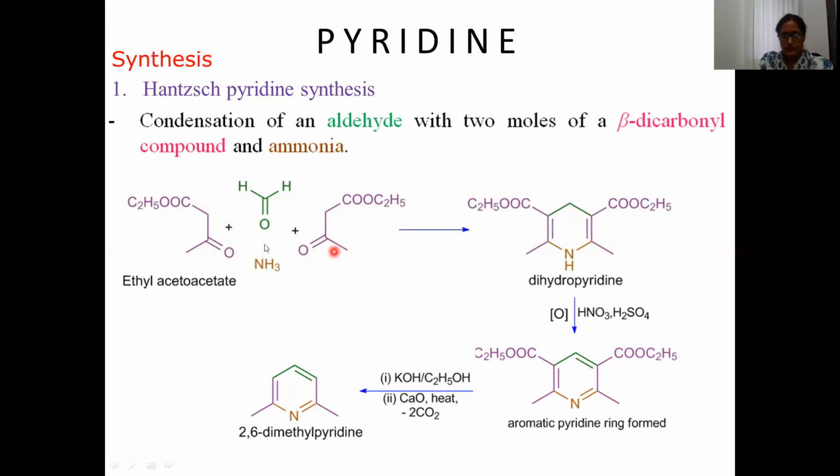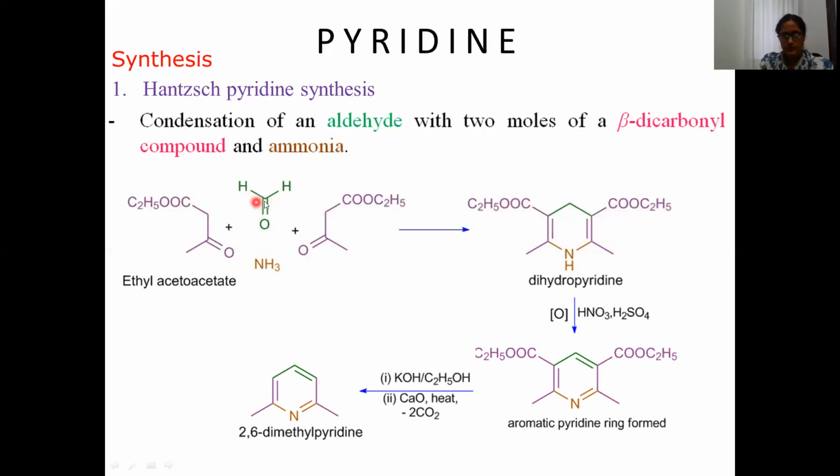So these three or four molecules are condensed with each other and form the dihydropyridine. Over here, this nitrogen forms a bond with this carbon, and this oxygen is moved to here and forms a bond from here.